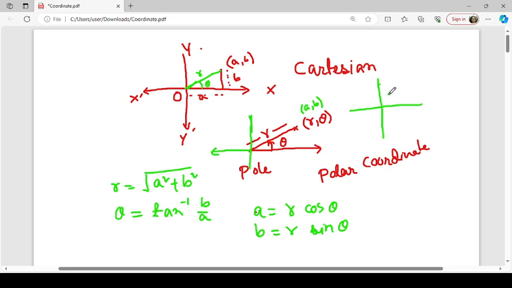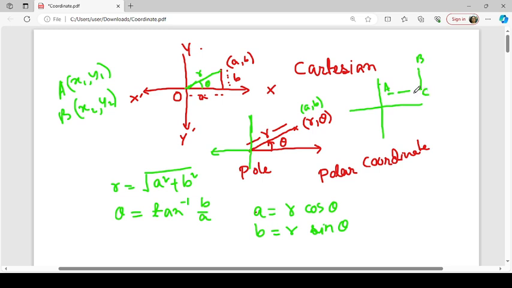So this is a point A, this is a point B. If the coordinate of A is (x1, y1) and the coordinate of B is (x2, y2), then we can form a rectangle whose diagonal is AB.